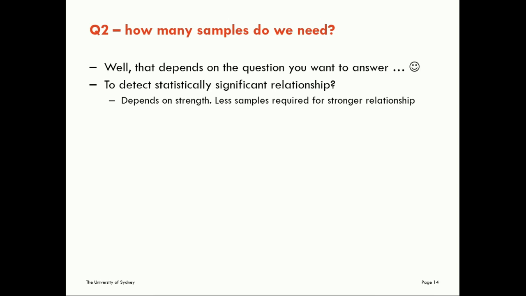If the relationship between our variables x and y is quite strong, we won't need many samples at all to detect a statistically significant relationship there. But if it's a very weak relationship, we may need a whole lot of samples, and it's difficult to know where to draw that line. Typically, though, we're limited by the amount of data that we have, and so we can simply answer the question by saying whether or not there is a statistically significant relationship that we can reveal from the data that we are given.